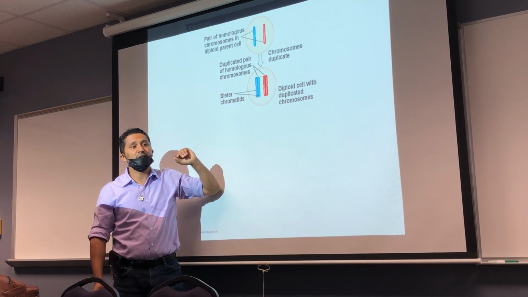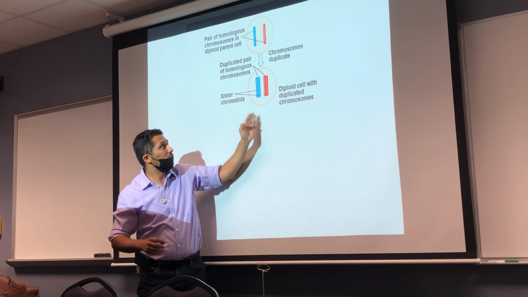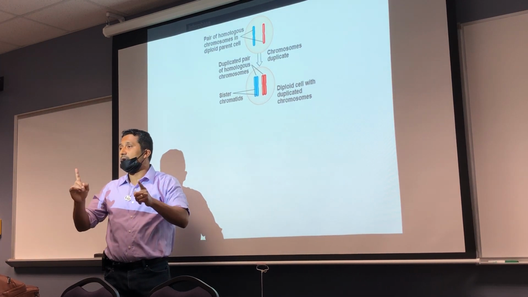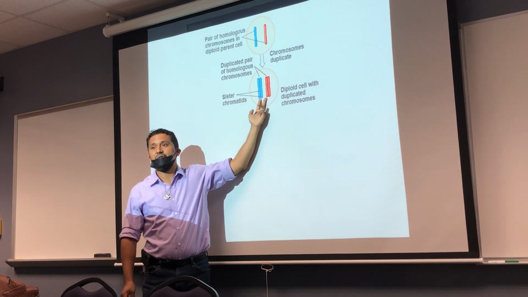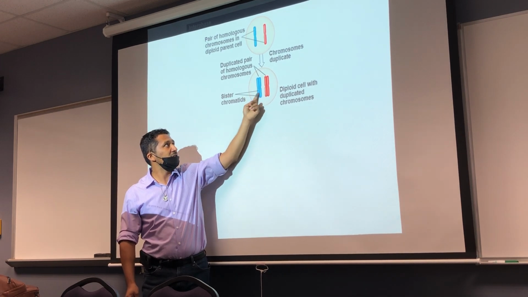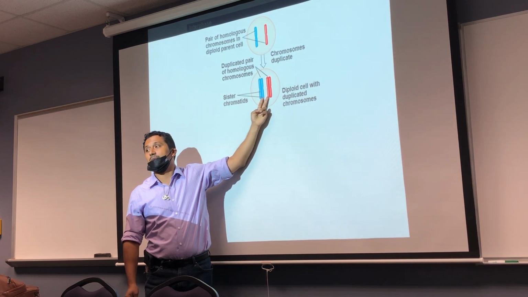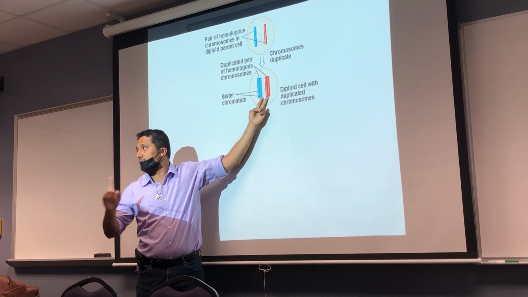If I show you a picture like this, with homologous chromosomes, they might have more chromosomes, and you have to find the ones that are homologous. In other words, same size, same shape, everything, okay? You have to find this and you will tell me these are sister chromatids, and these are non-sister chromatids of the same homologous pair.